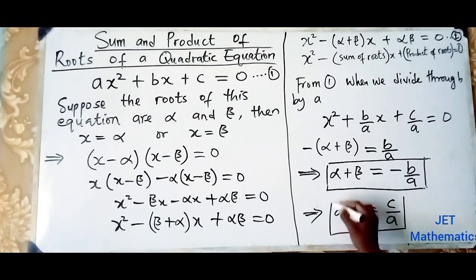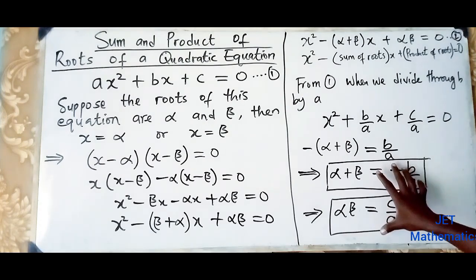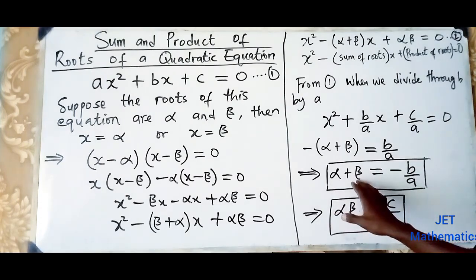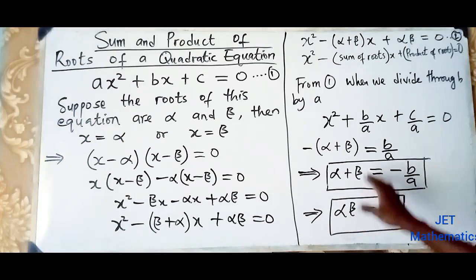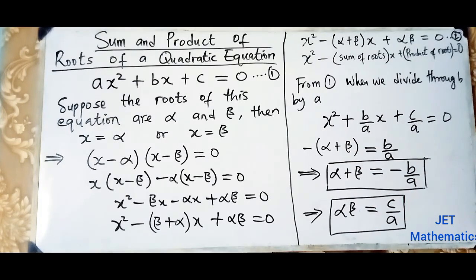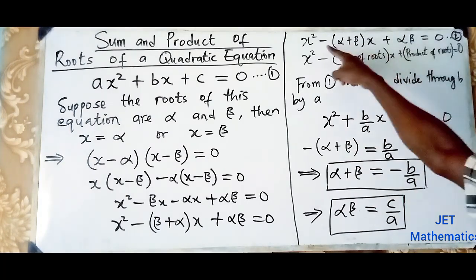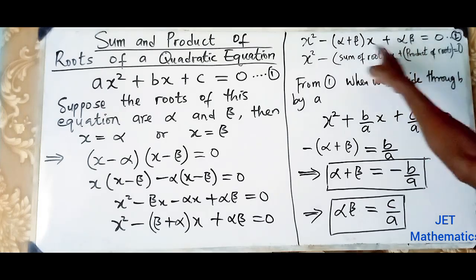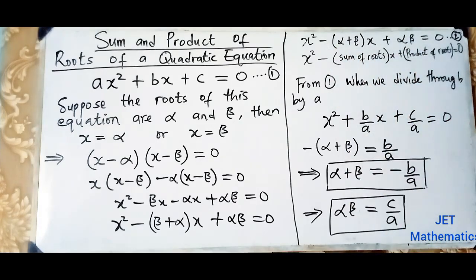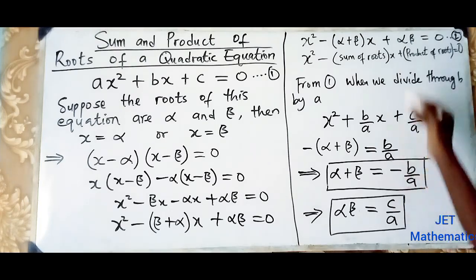This is also another important relation. So we use this to get the sum of roots and product of roots when we are given a quadratic equation, and we use the other to get a quadratic equation when the roots are given. So you have to put these relations in your mind.